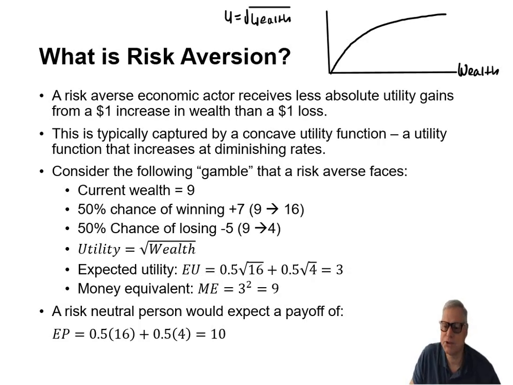So now you can see at any given point a $1 increase in wealth gives you a higher utility, but the gain in utility is in absolute terms less than what the loss of $1 will be. So now let's do another example, and let's just assume that the initial wealth is, let's say, 9.